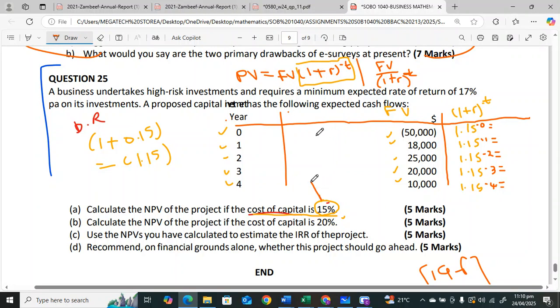When there is r, you substitute with 15%. If it was 5% here, then it means when there's r in this formula, we substitute with 5%. Is that okay, sir?